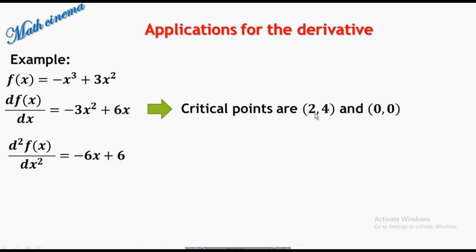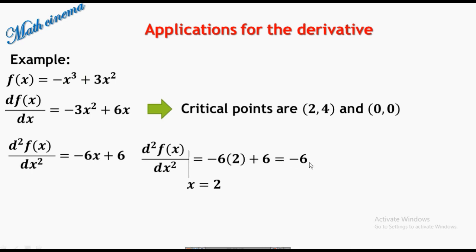The first critical point is 2, 4, so the x coordinate of the first point is 2. So the second derivative at x equal 2 is negative 6 times 2 plus 6 equals negative 6. And since the second derivative is negative, then 2, 4 is a maximum point.